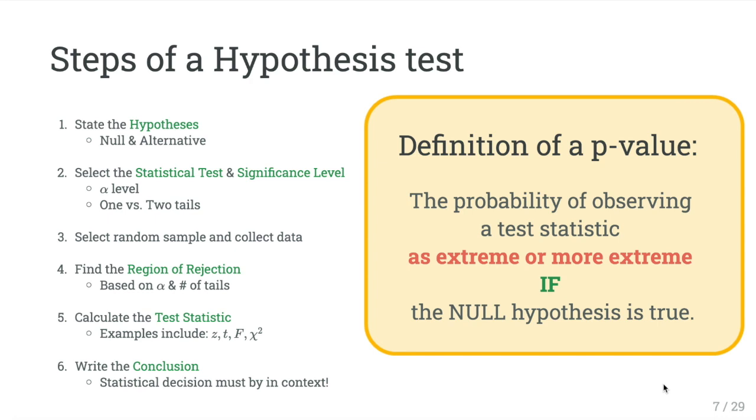Ultimately, what that's trying to tell us is if our result is super extreme compared to what we would expect in the null world, then maybe we aren't actually in the null world. Maybe there is actually an effect. And that is what it's trying to answer.